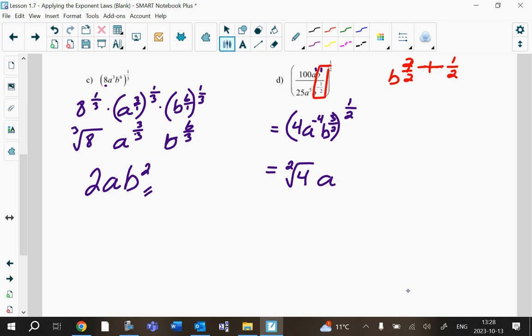Well, I've got to multiply these. What's -4/1 times 1/2? -4/2, and I'm going to be able to simplify that, but I'll do it in the next step. Times b to the, what's 3/2 times 1/2? 3/4.